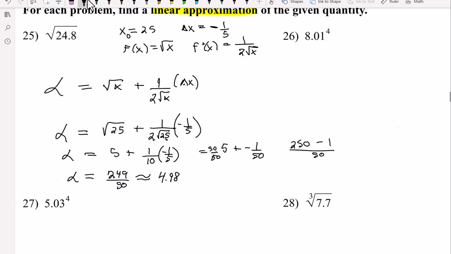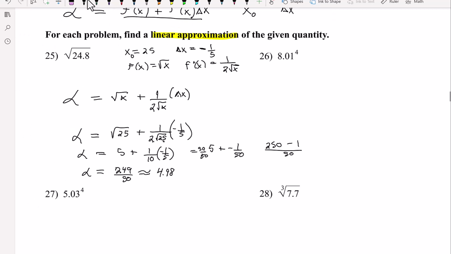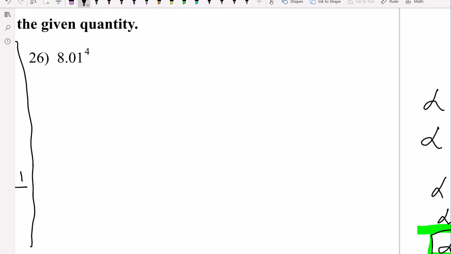So let's do another one. Okay, for 8.01 to the fourth, that function is just x to the fourth. So the derivative of that function is 4x cubed. The x, the closest integer, is 8.